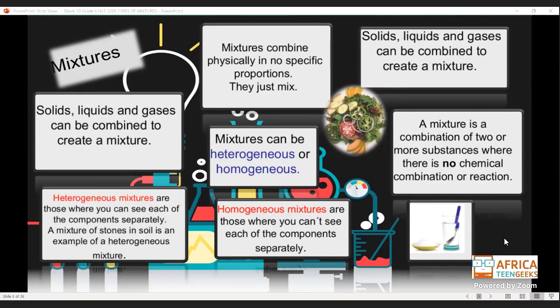And what about a homogeneous mixture? This is where you can't see the components separately. But with salt and pepper, can you not see the salt and pepper grains when they're mixed? There we go. Salt and sugar is hard to see.